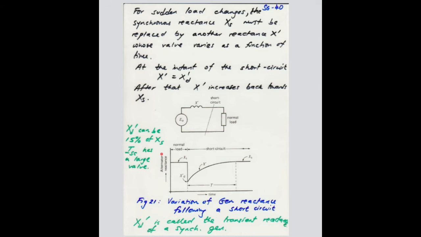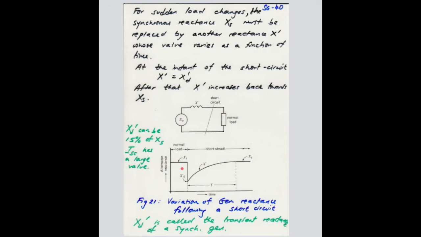We call it the transient reactance, and it's a reactance that varies as a function of time, right? So this is an example where in figure 21 we're showing the effect of applying a short circuit at the terminal of a generator.